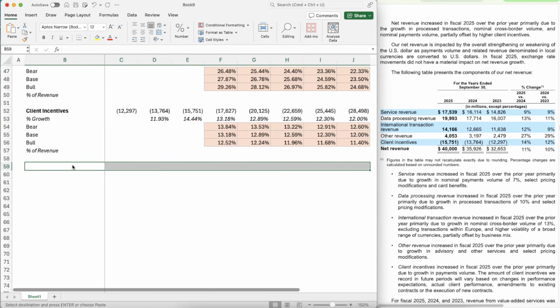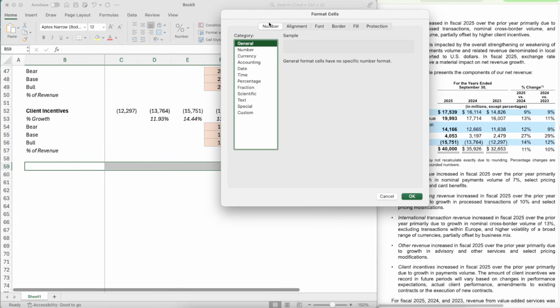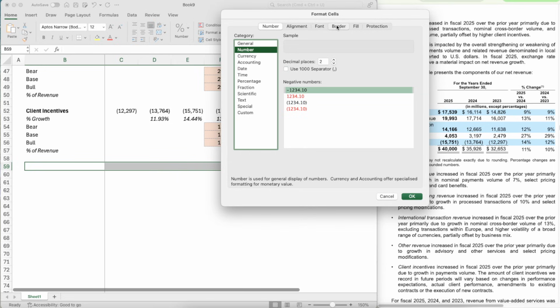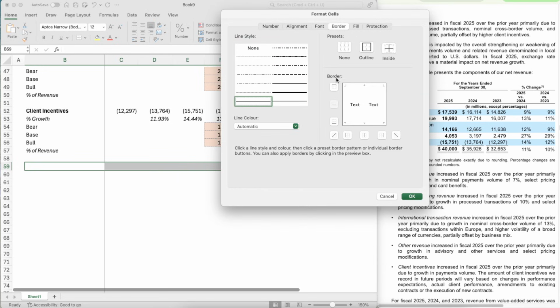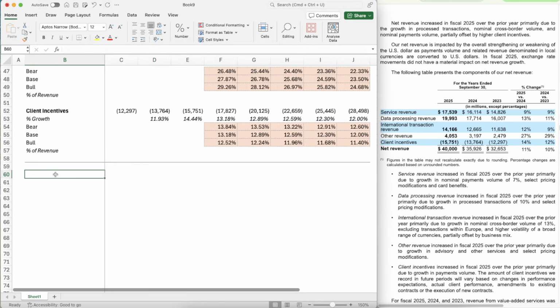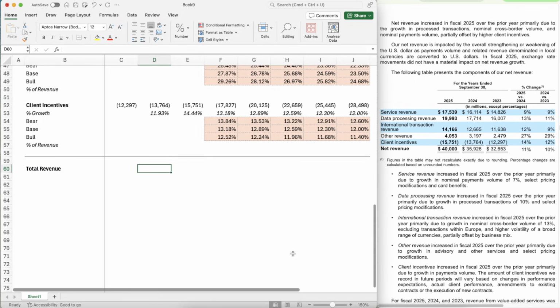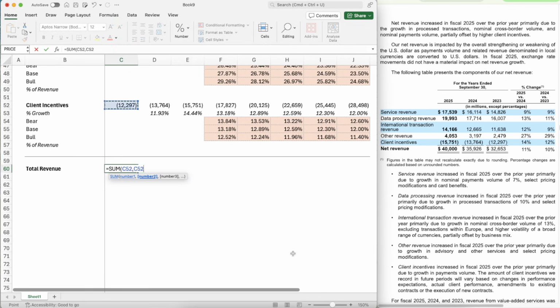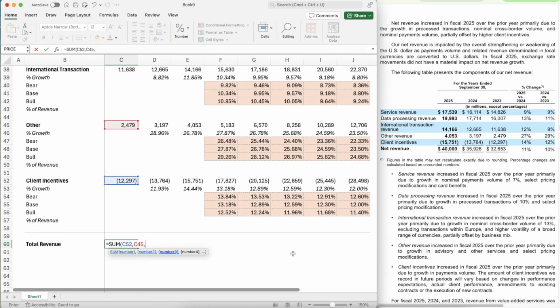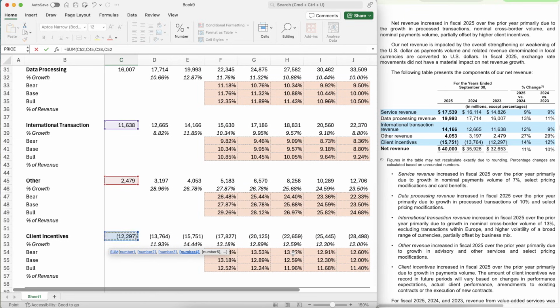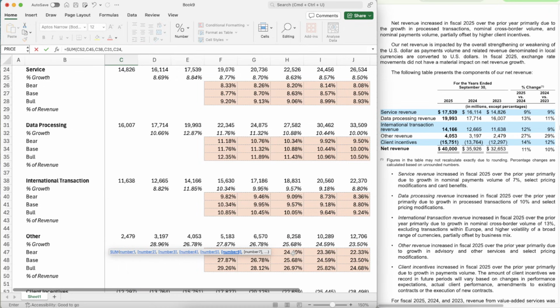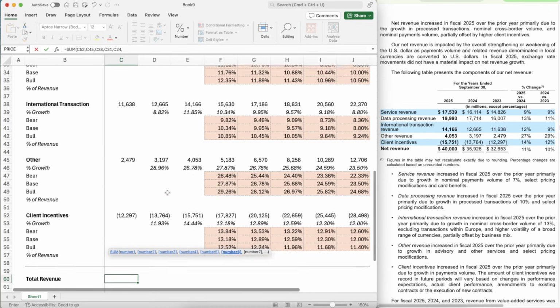Let's just draw a border. This line here. Total revenue equals sum. Yeah, I think that's it.